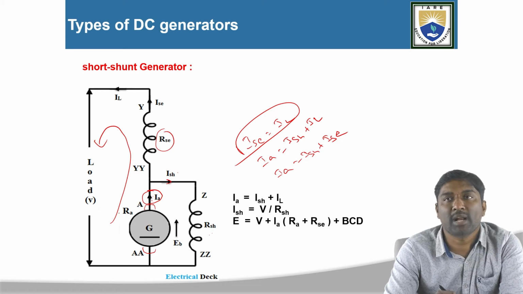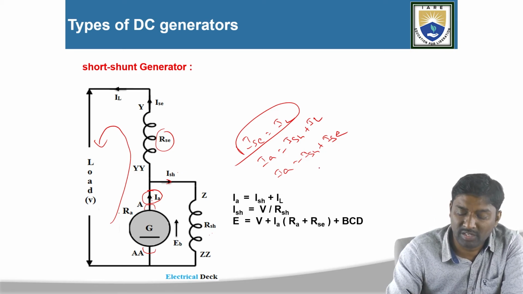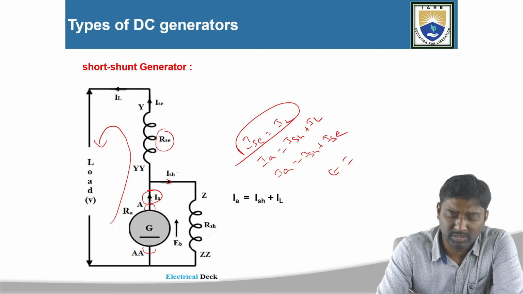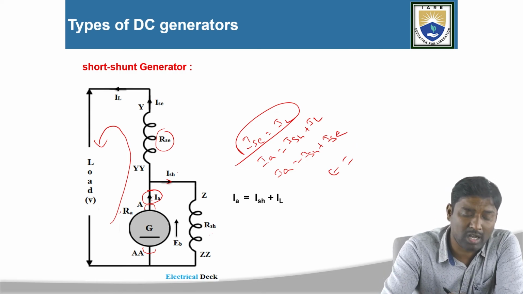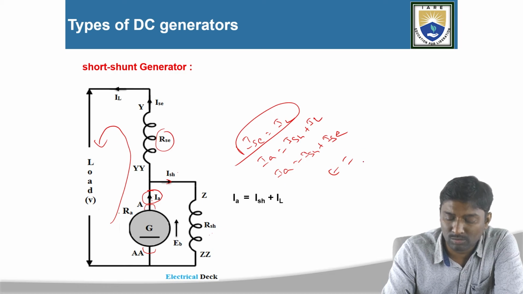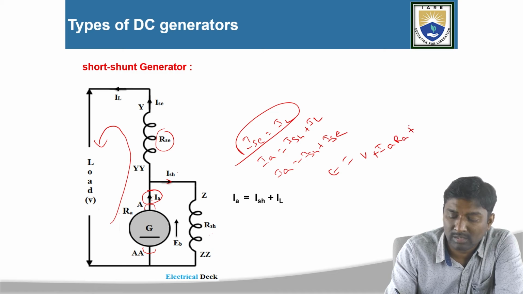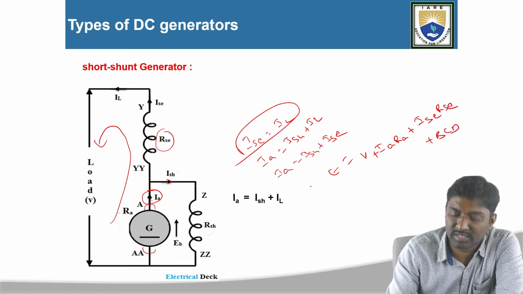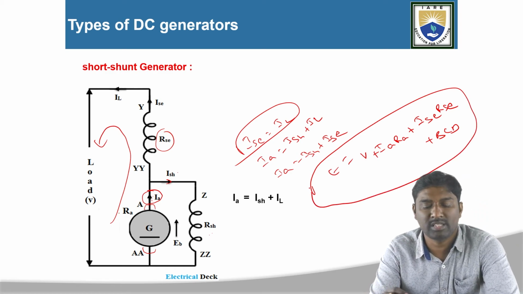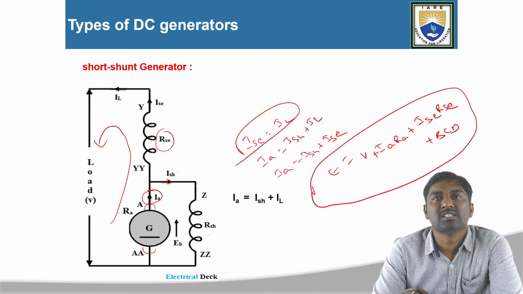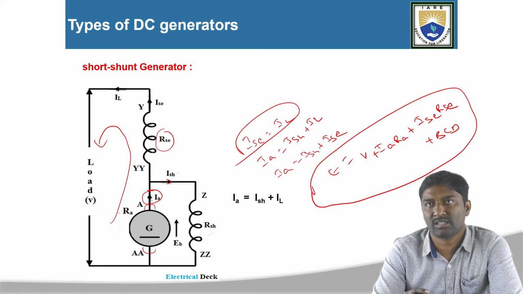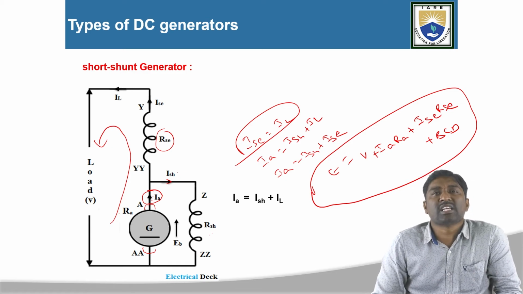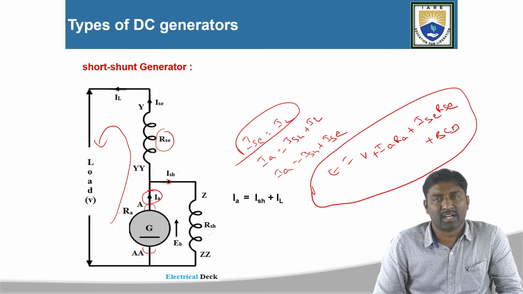So according to KVL, EG is equal to V plus IA into RA plus ISC into RSC plus the brush contact drop BCD. So these are the voltage and current equations for the short shunt compound generator.